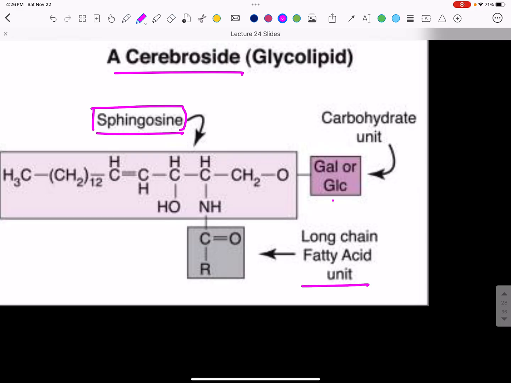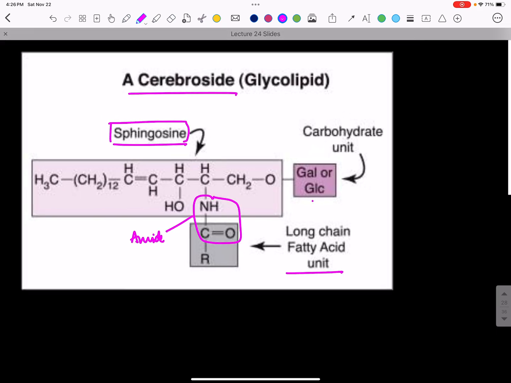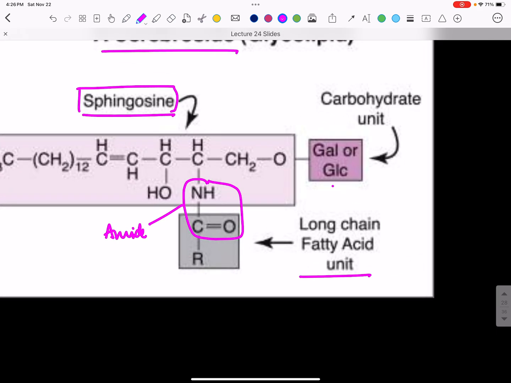It also has an amide linkage right here. And what other functional group can you identify here? There's an alcohol here, and there is an ether here.